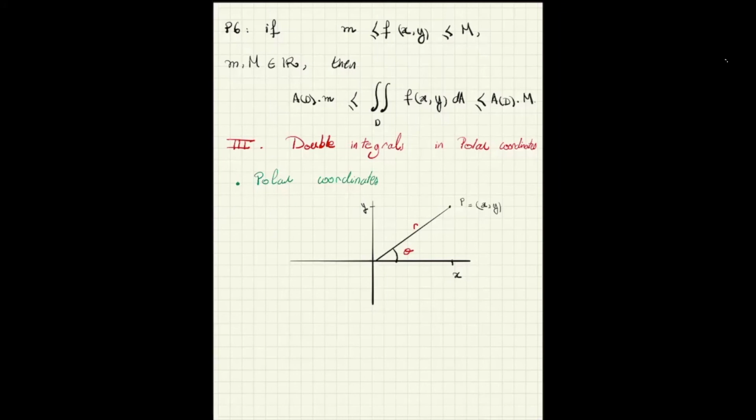And of course, there's a relationship between them. That relationship is that x is given by r times cos of theta, and y is given by r sine of theta, right?